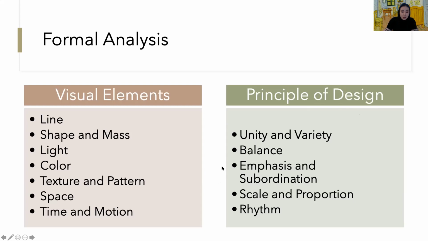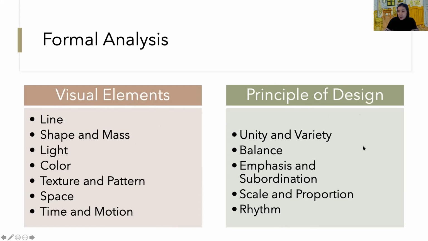So now let's quickly remind ourselves what these are. We learned seven visual elements: line, shape and mass, light, color, texture and pattern, space, time and motion.